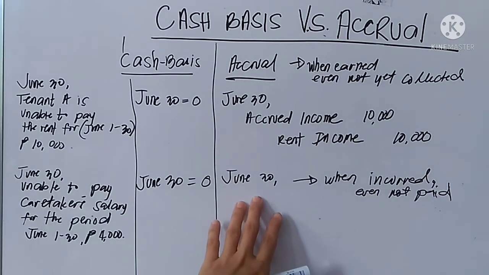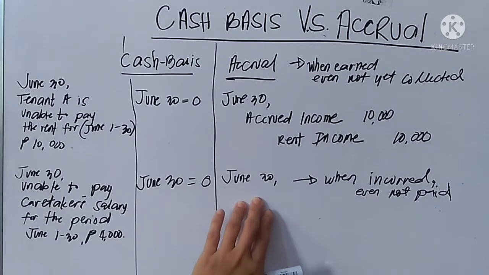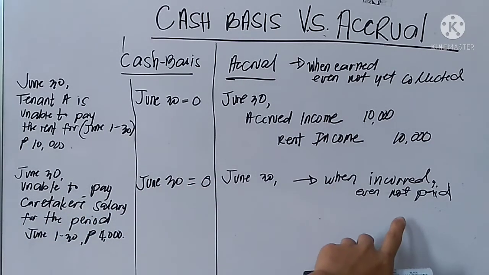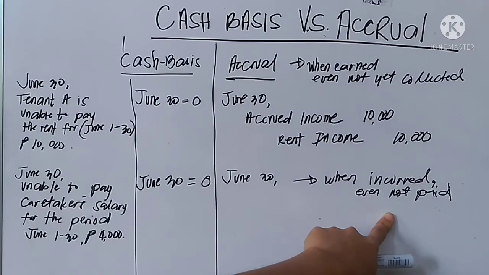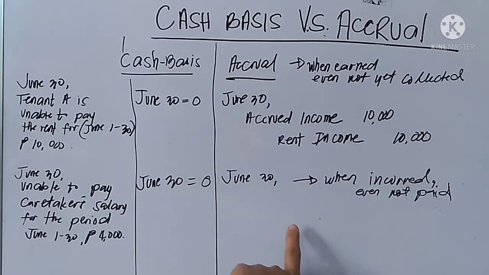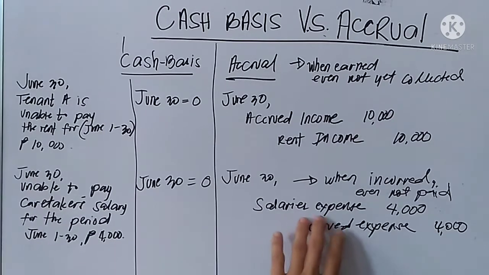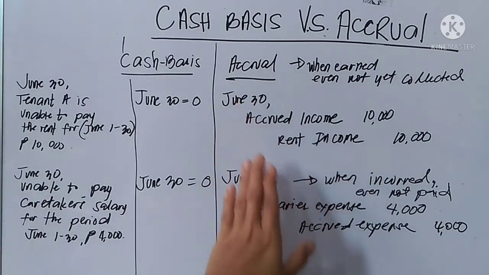So, meron din tayong account title in recording this, the unpaid expenses. So, dahil yung caretaker salary is good for June 1 to 30, so by June 30, magre-recognize ka na ng salaries expense under the accrual accounting.